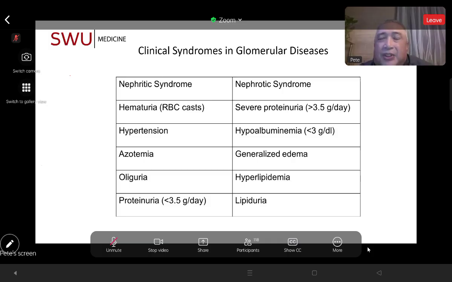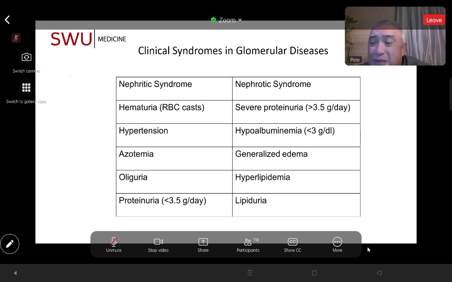Now, azotemia plus clinical signs and symptoms will result in uremia. You have not been in the wards yet, but when you have a uremic patient, when you were still young, did you bedwet before?